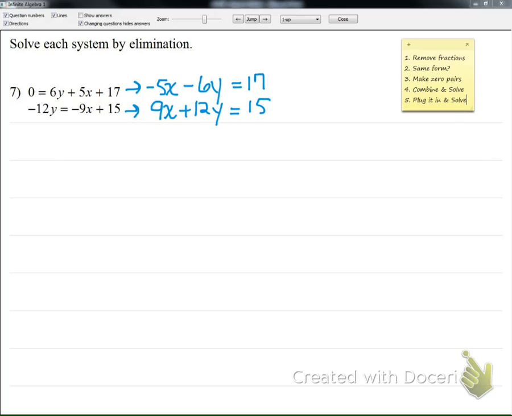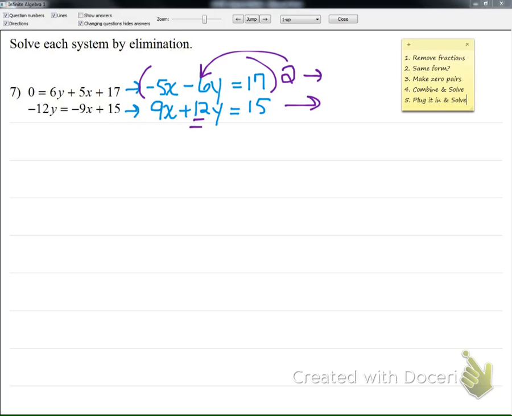Alright, so this is a shortcut that you can use. Instead of multiplying by the opposite, if you know the number that would make it a multiple of the other one, so in this case, if we multiply this equation by 2, because 6 times 2 equals 12, the number that we're trying to eliminate, then use that number. That way you only have to change or multiply one equation.